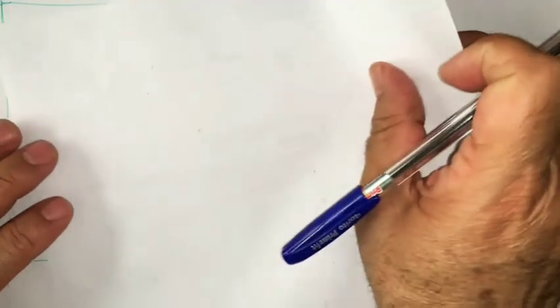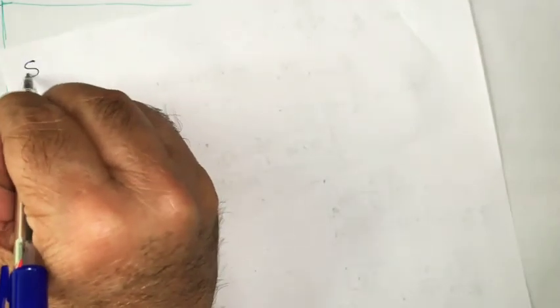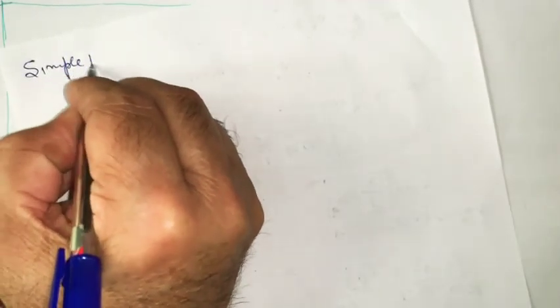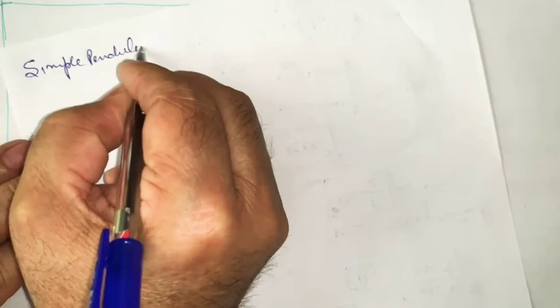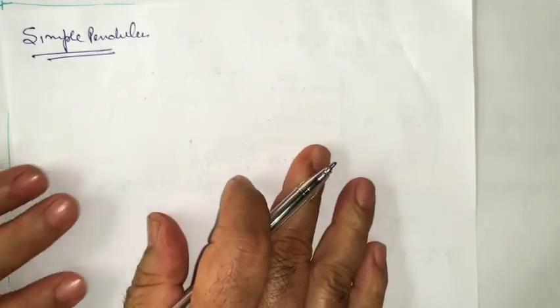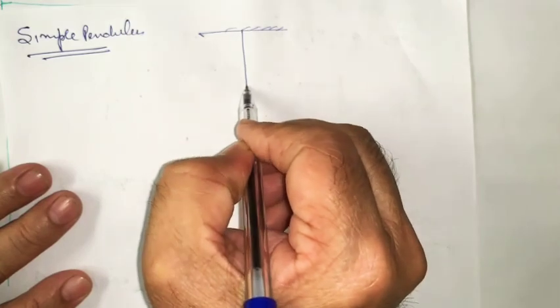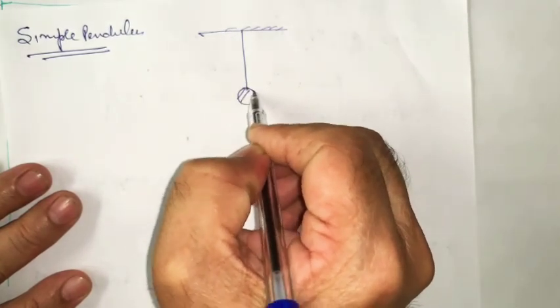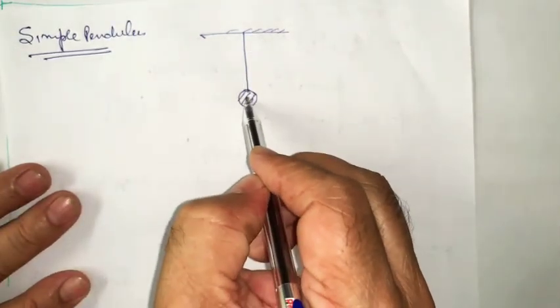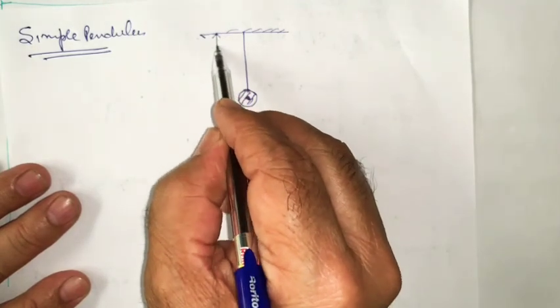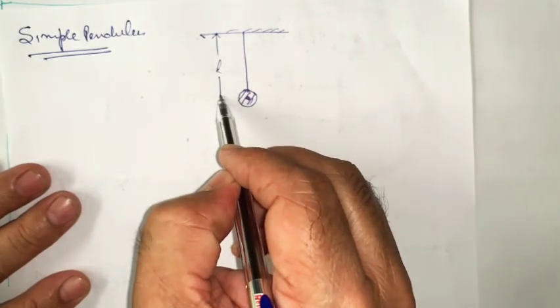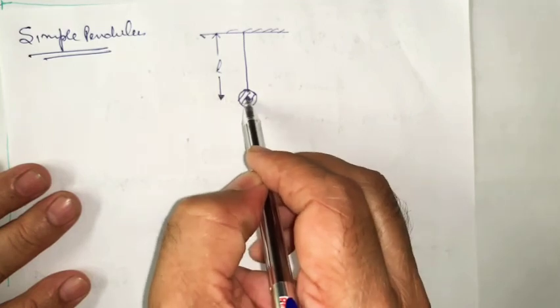Last one is about simple pendulum. Let me suppose this is a pendulum. You know, all the distances are measured from the center of the bob of the pendulum.